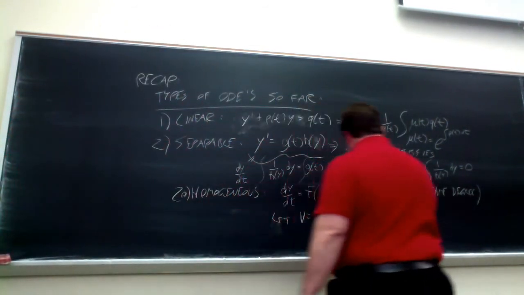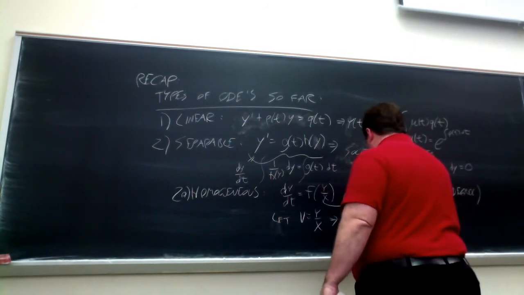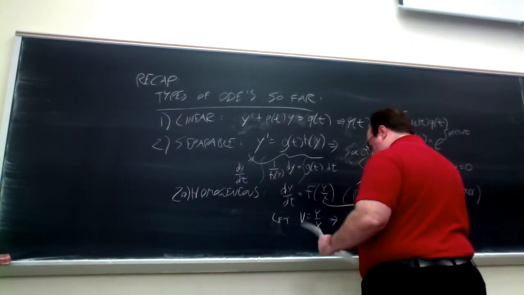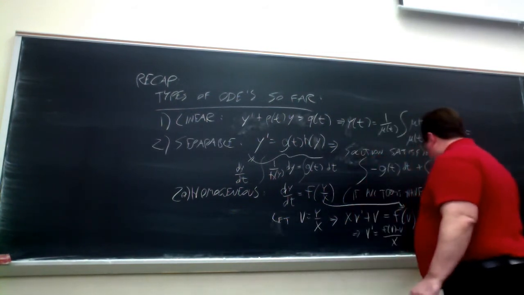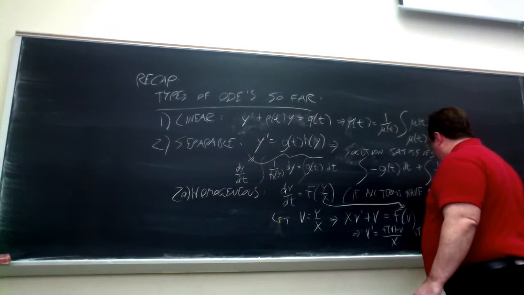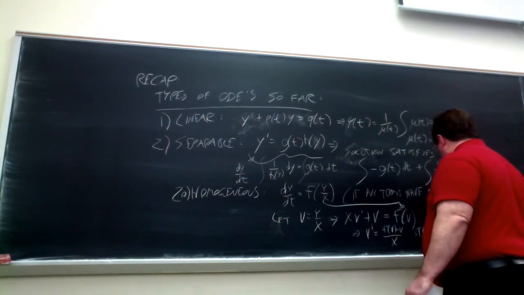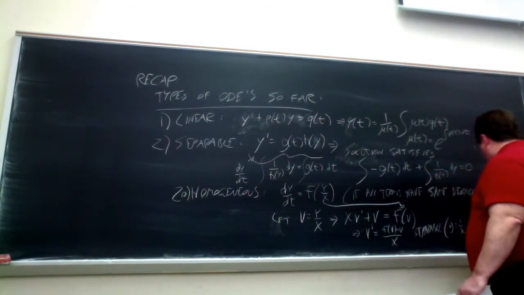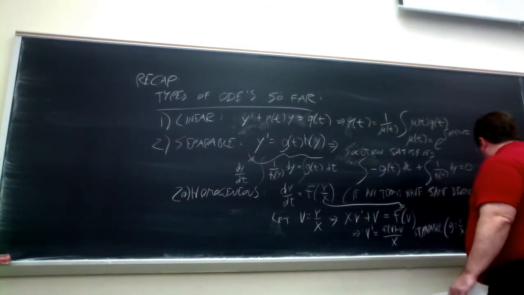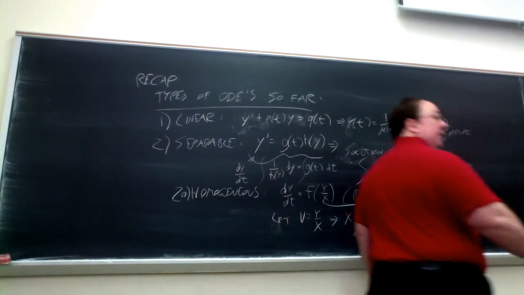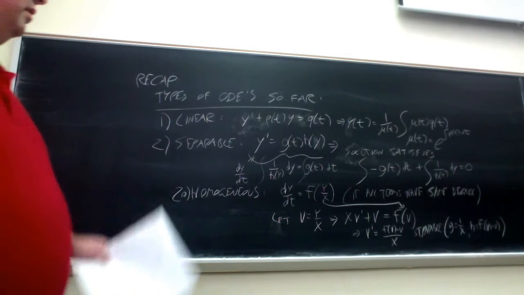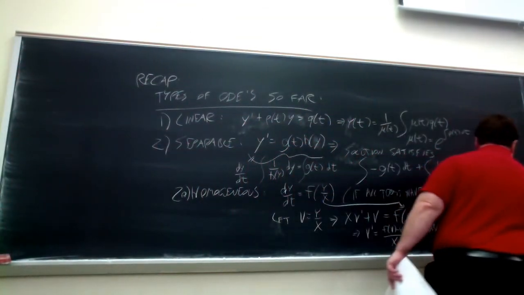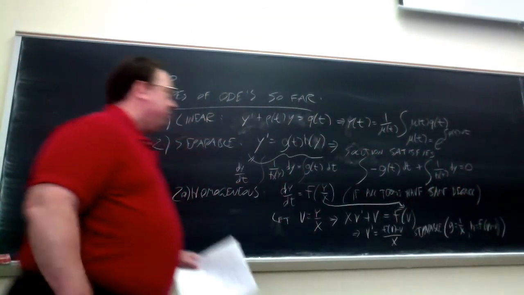So now v prime is equal to f of v minus v, over x, and this is separable, where your g is 1 over x, and your h is f of v minus v. Okay. All right. So that's where I ended last time.